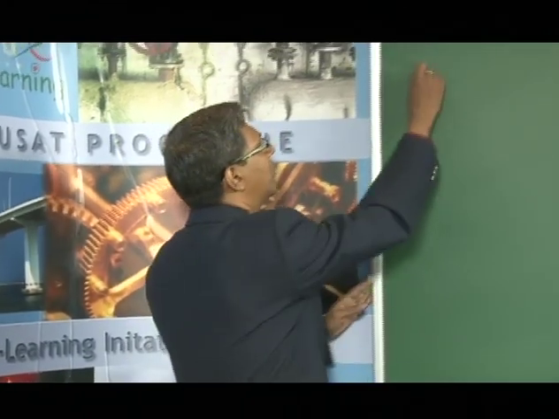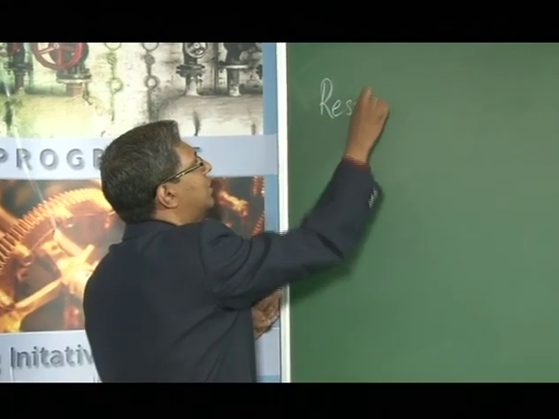So the problem statement that is given is: how many bits are required at the input of a D to A converter if it is necessary to resolve the voltages to 5 millivolts? Resolve the voltages means resolution is given as 5 millivolts.